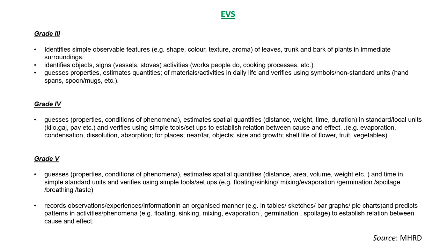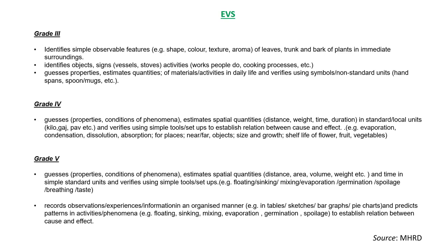Similarly, many competencies in environmental sciences can be integrated. For example, in grade 3, they can explore the aroma of different types of tea leaves, list out the different cooking processes, make estimates of quantities. Or in grade 5, they can record their observations of different phenomena like mixing, floating, or evaporation.